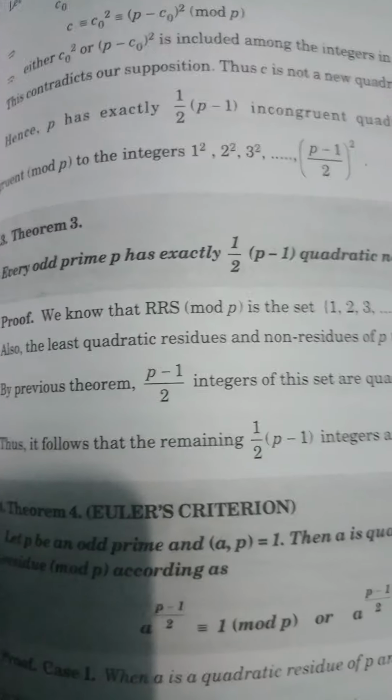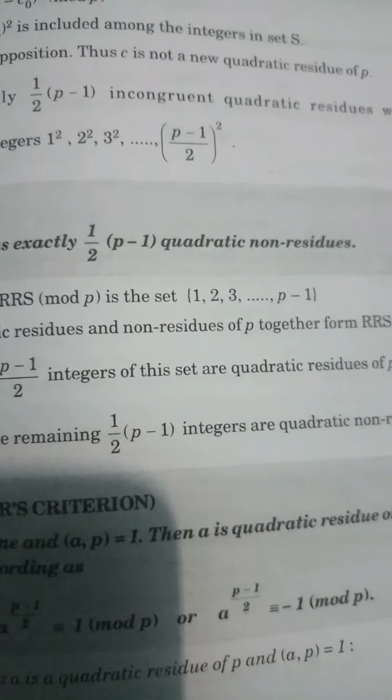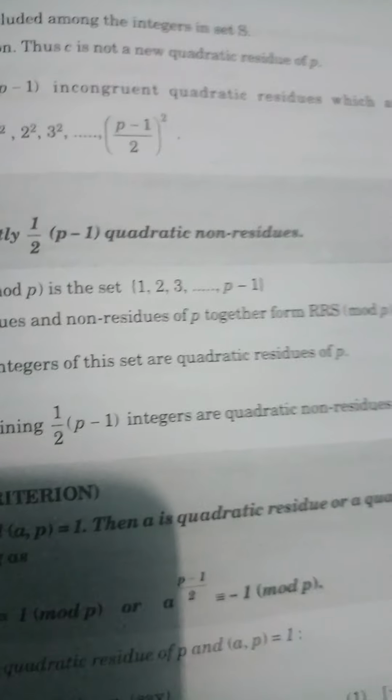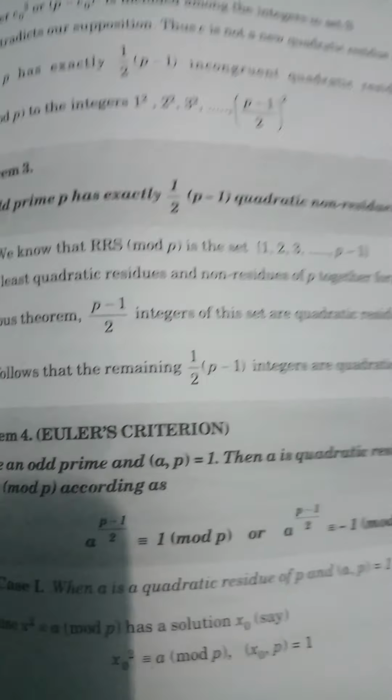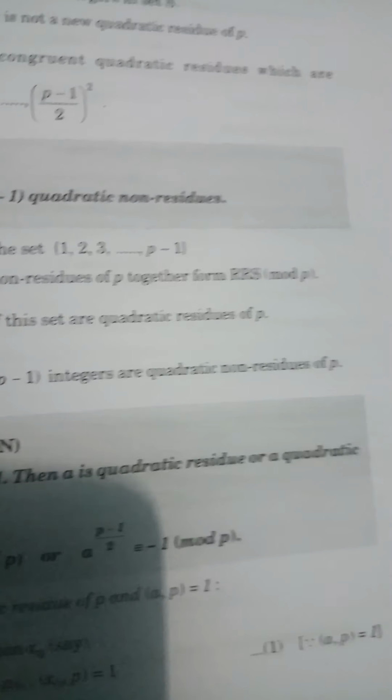Thus it follows that the remaining half, p minus 1 by 2 integers, are quadratic non-residues of p.